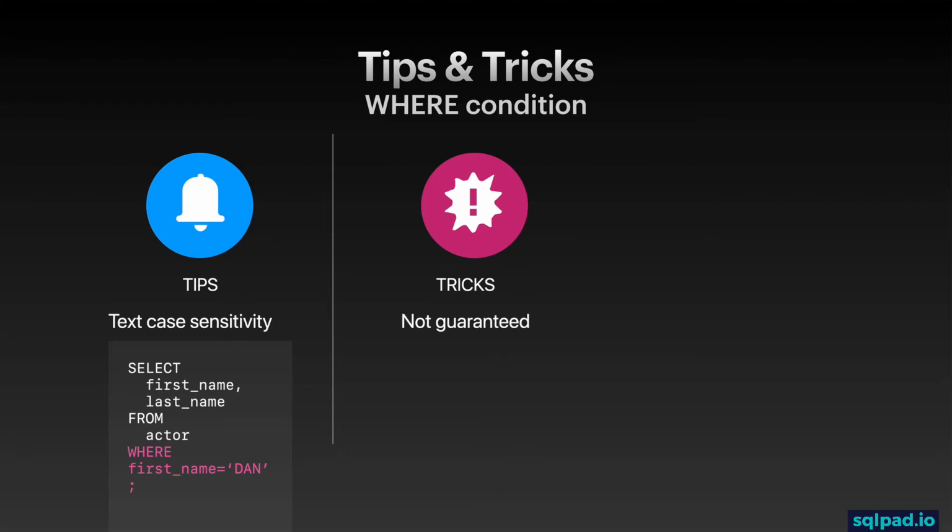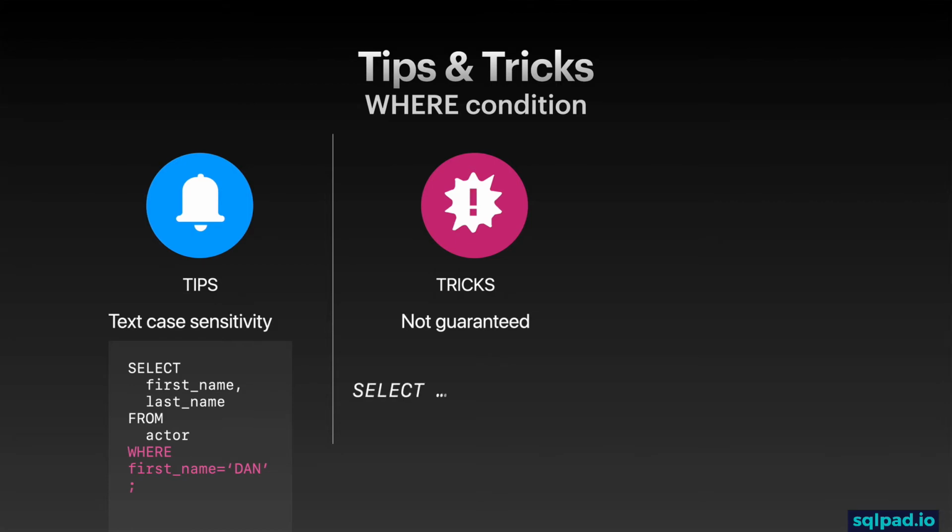So I may be able to get results that are not spelled exactly as Dan or in uppercase. If it is a case insensitive implementation, I will be able to get records whose name starts with a capital D followed by a lowercase a and n, but it's not always guaranteed.